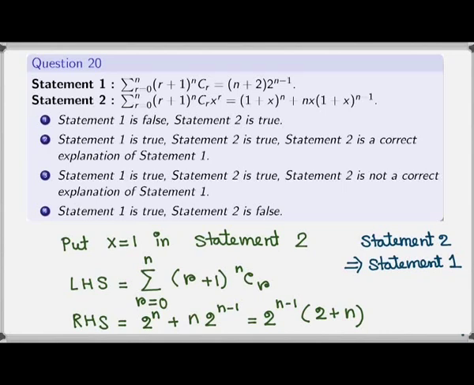So we will start verifying whether statement 2 is correct or not. Let us begin with the binomial expansion of (1 plus x) to the power n. This is equal to the sum running from r equals 0 up to n, nCr x to the power r.